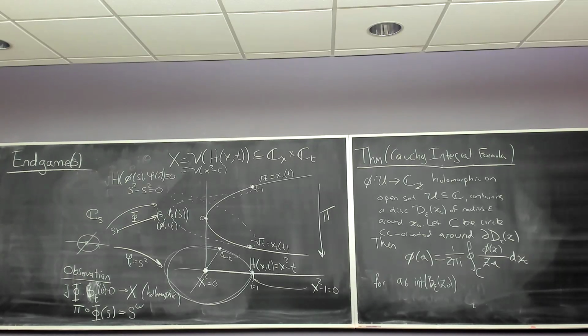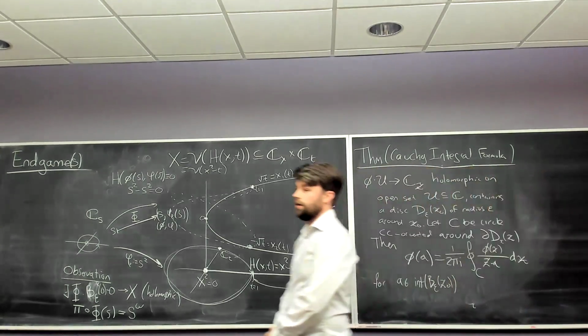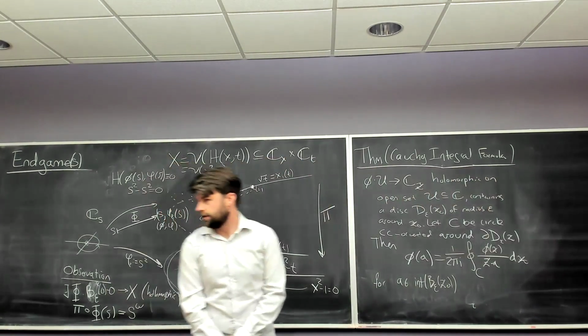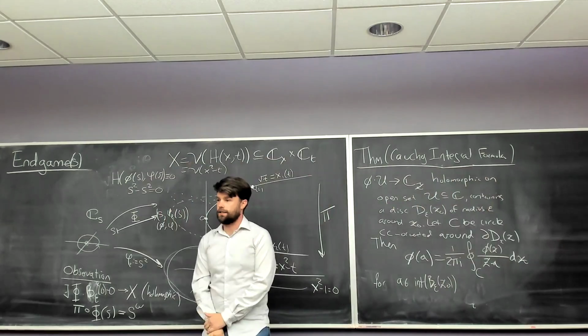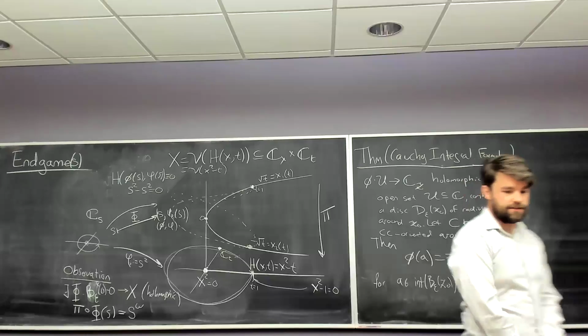This is the Cauchy integral formula, but this is not a complex analysis class. I'm not interested in you understanding everything about this at all. You don't even have to know what a holomorphic function is. You just have to believe me when I say certain ones exist. But if you're into complex analysis, this is going to be fun.